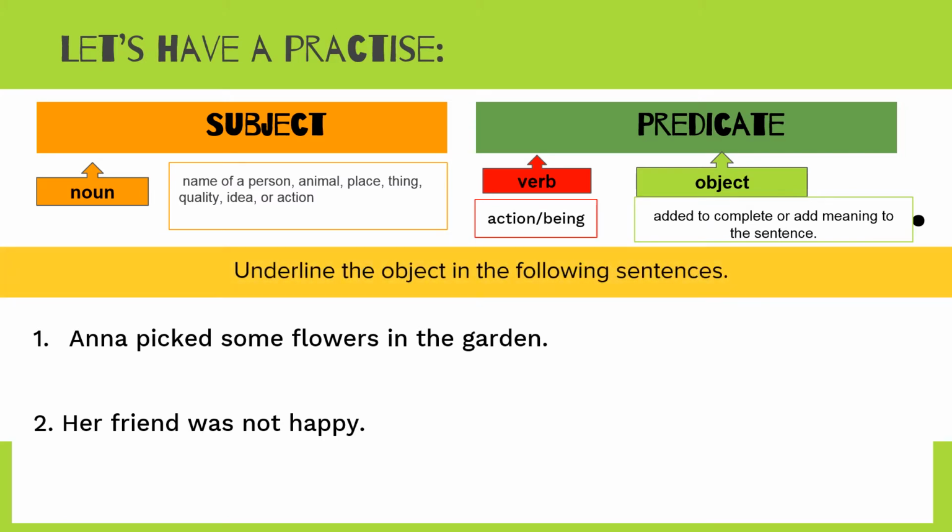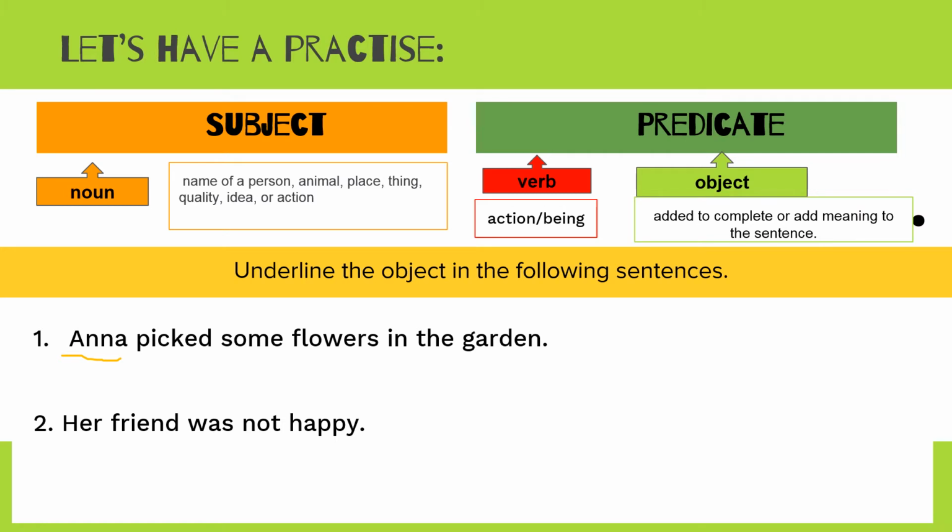So help me underline the object in the following sentences. Are you ready? To make it easier, I would like to underline first the subject, then the verb, and I can find the object straight away. Let's have a go. Anna picked some flowers in the garden. In this sentence, we are talking about Anna.